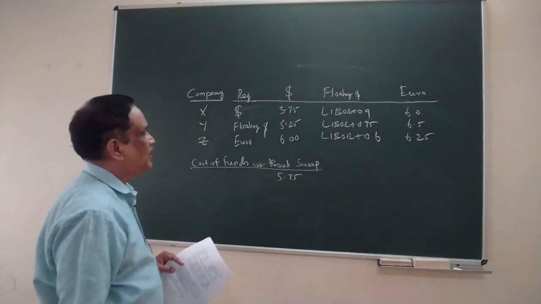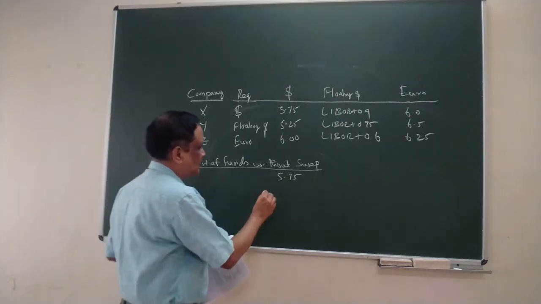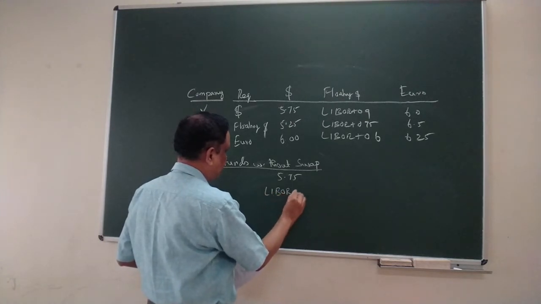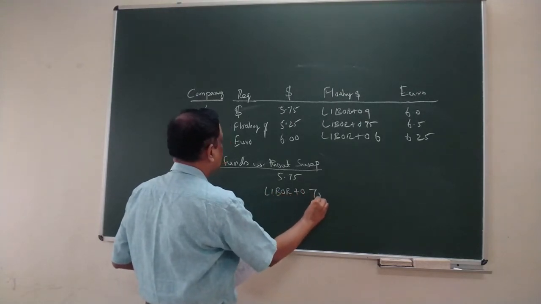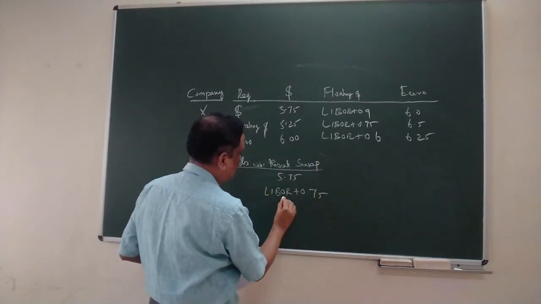Y needs a floating rate. The floating rate for Y is LIBOR plus 0.75. Z needs euro, 6.25%.